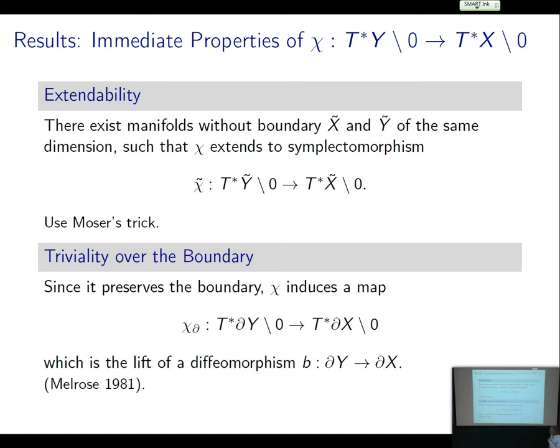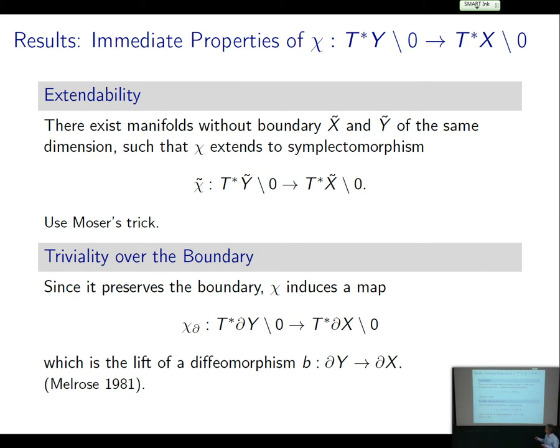and that was something Melrose observed in his paper from 1981, Fourier integral operators on manifolds with boundary. If you look at this symplectomorphism, then the fact that it preserves the boundary implies that it also induces a symplectomorphism of the cotangent bundles on the boundary, also one homogeneous in the fibers.